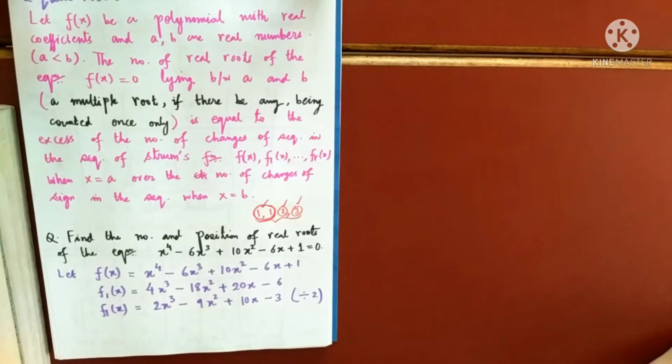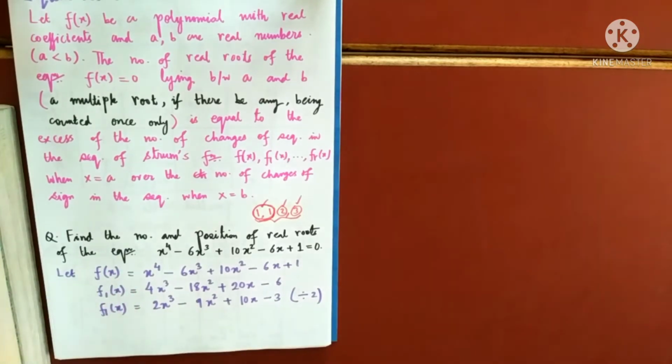So let's start the process of finding the remainders. We'll divide f(x) by f1(x) and change the sign of the remainder before taking it as the next divisor. So let's find the HCF.